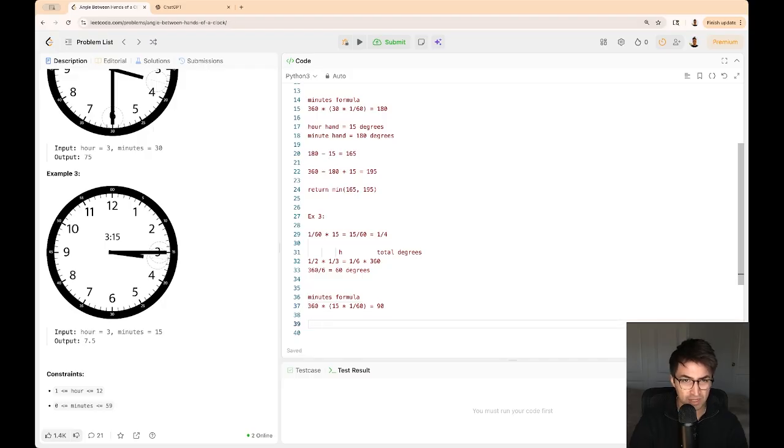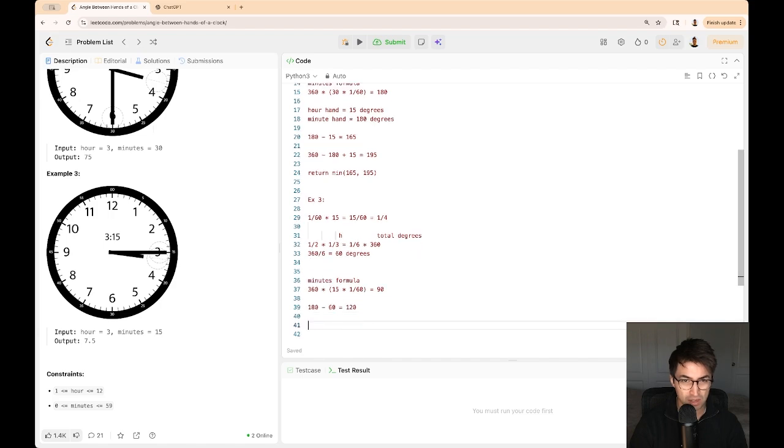So for the hour hand, I did 180 minus 60 equals to 120, and then 360 minus, wait a second, let's not jump ahead of ourselves. This is the hour degree, this is the minutes degree. Hour hand equals 60 degrees, minute hand equals to 90 degrees.